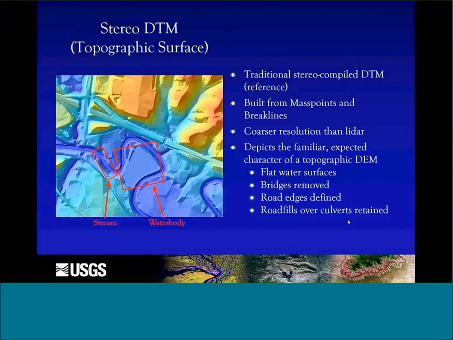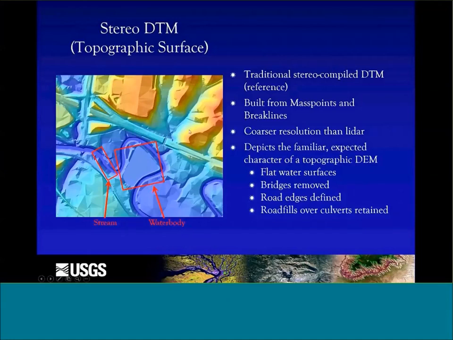It's a very coarse resolution compared to what we're used to seeing with LIDAR data, but it depicts the expected character of the DEM. The water surfaces are flat. Bridges here for the highway, and there's a little bridge here, have been removed. The road edges are nicely defined. I think you can probably see that.